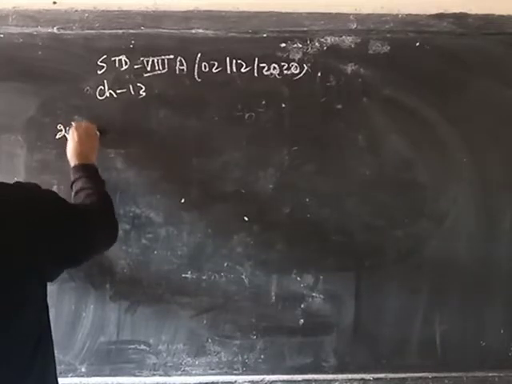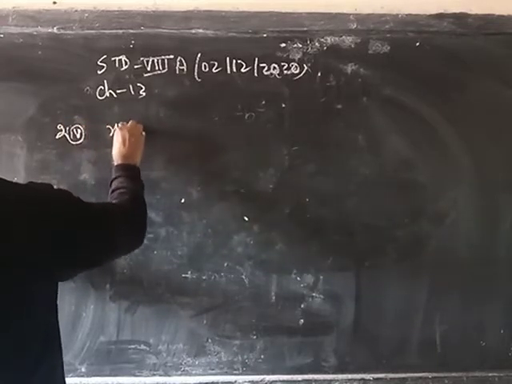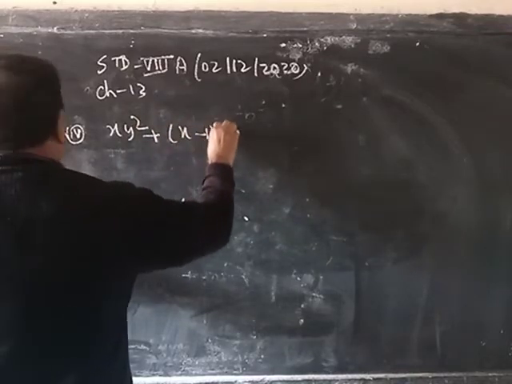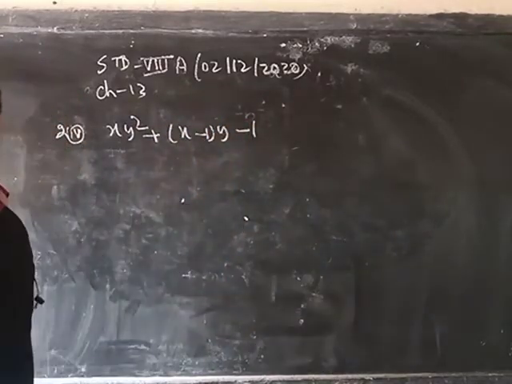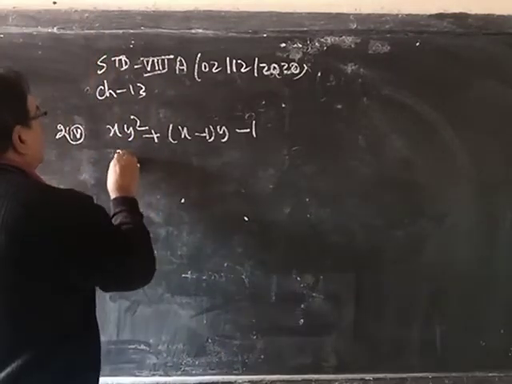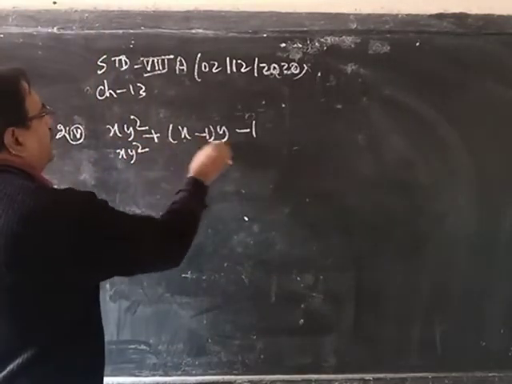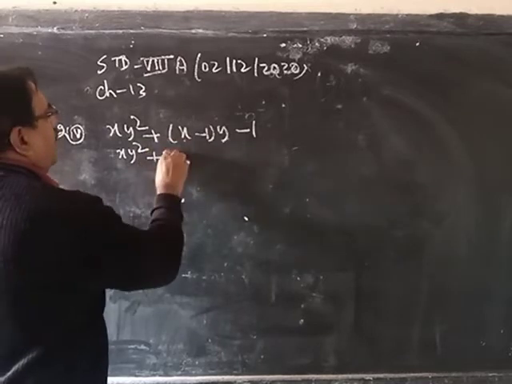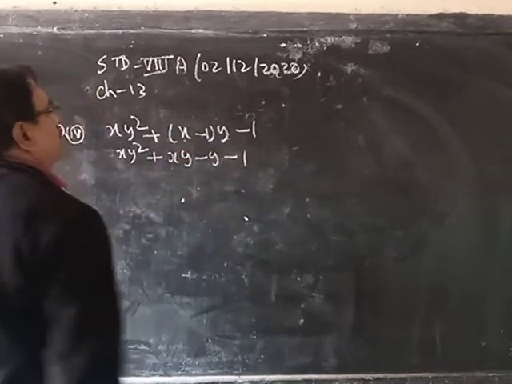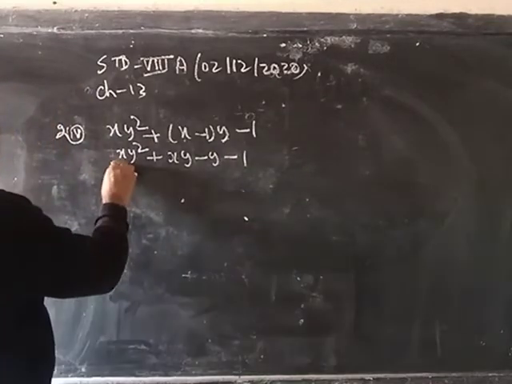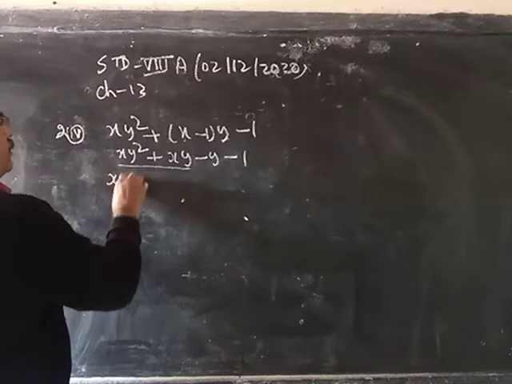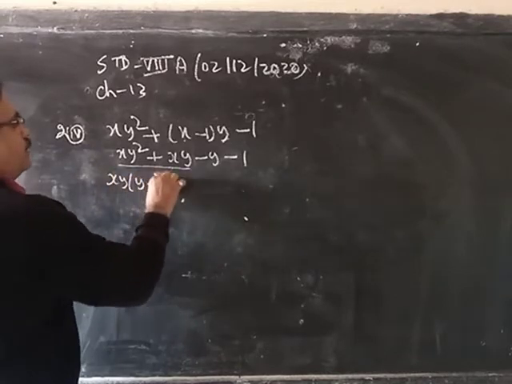Next, question 2 fourth: xy squared plus (x minus 1)(y minus 1). Open the bracket: xy squared plus xy minus y minus 1. Now, what is common in the first pair? xy is common, y plus 1.